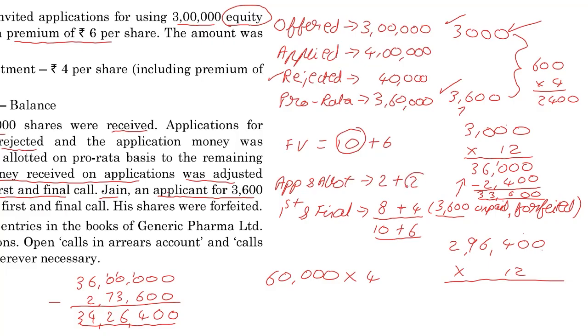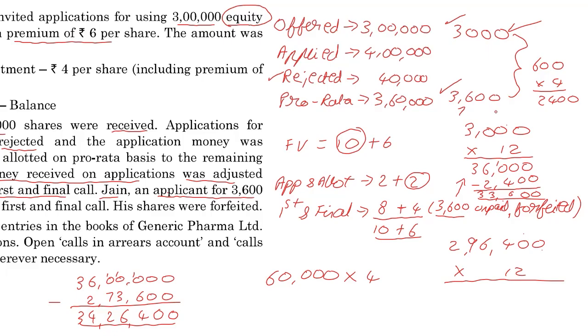But he has also paid an extra 600 shares into 4, which is 2,400. Right, and that basically gets allocated to both of these. So it's at this point of time where you would get confused as to how much will you debit the securities premium account. Do not worry about the pro rata.